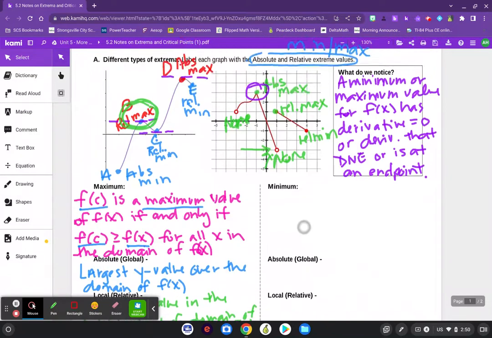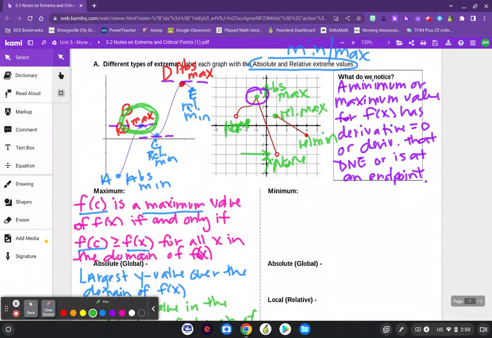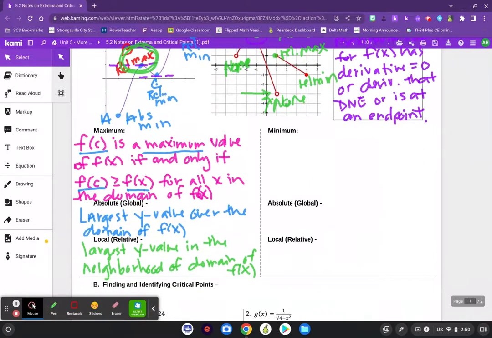Versus this up here, this absolute max, is the highest over the entire stretch of the function. Okay? So when I say neighborhood, I just mean for that small section. All right, so let's go back and look at minimum.